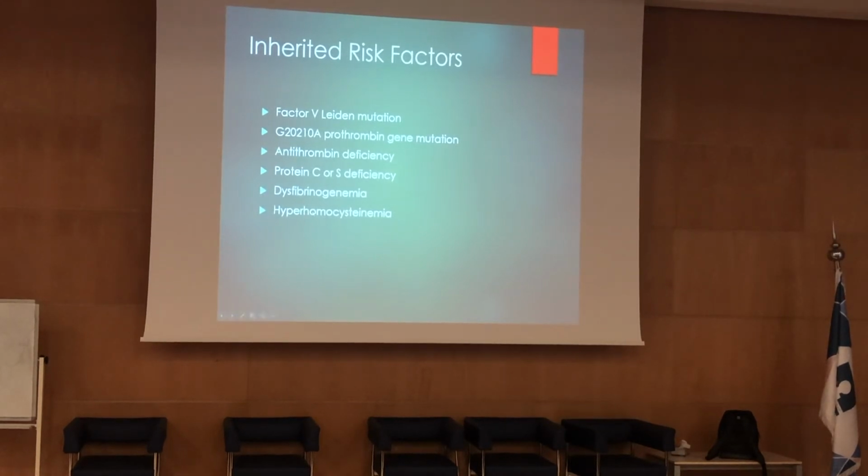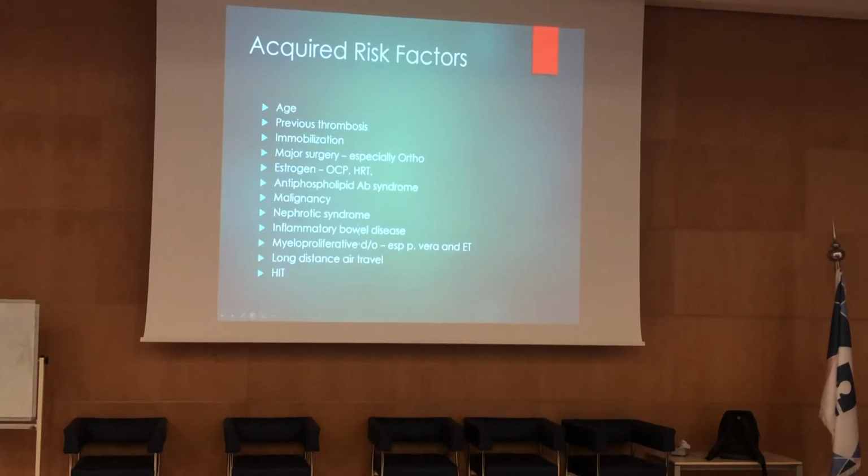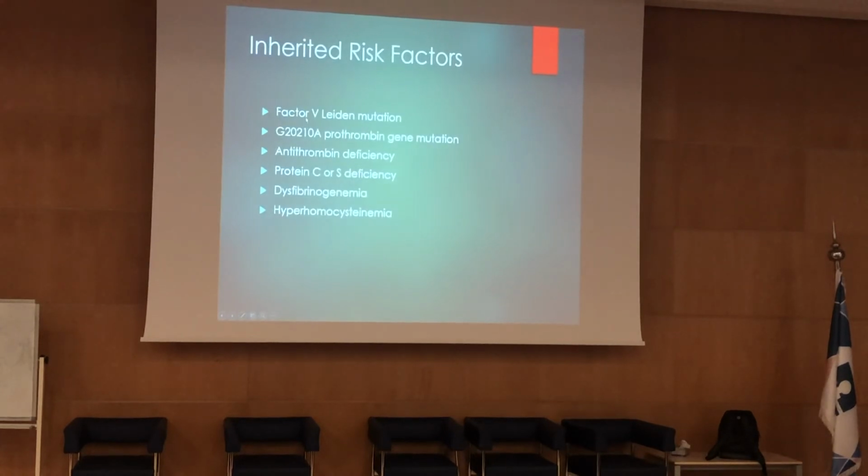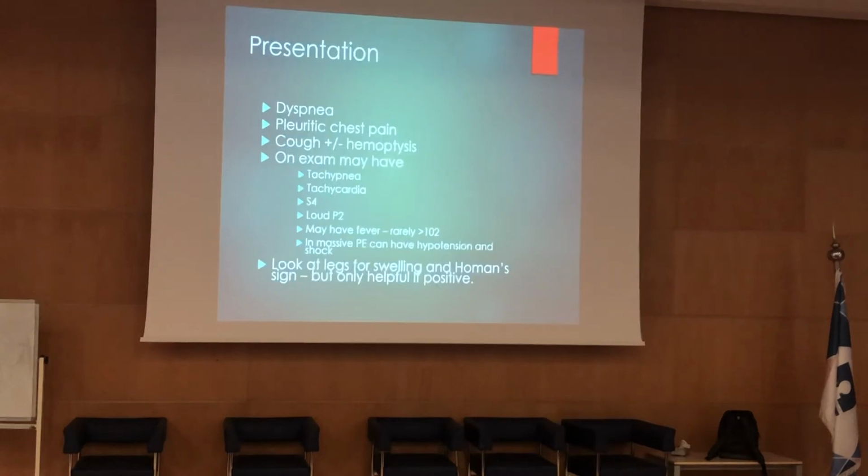So if a patient presents to the hospital with, for example, DVT and has no clinical risk factor like those, we are going to examine him for those hidden or not clear inherited risk factors. Some patients with protein C or S deficiency are prone to thrombosis again and again, and we don't want that.